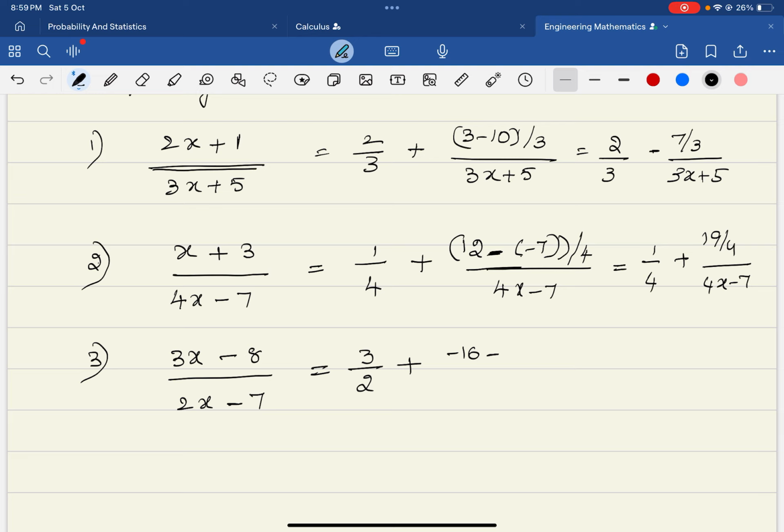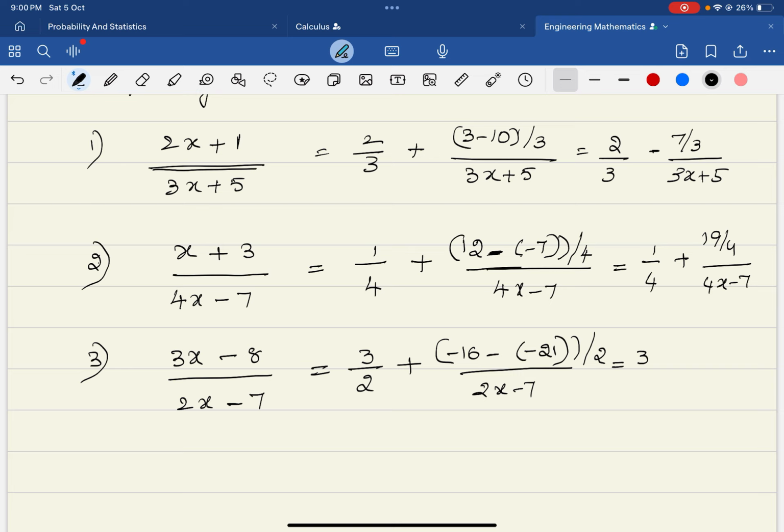Now minus. Now what you have to do? You have to do this as 3 into minus 7. What is 3 into minus 7? Minus 21 over 2. Now this is divided by this coefficient of x, which is 2. That has to be written here as 2. And then the denominator 2x minus 7.